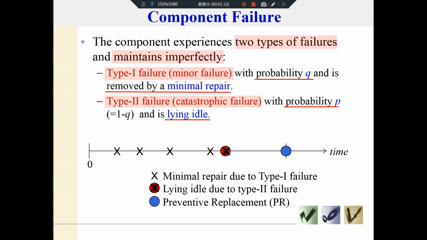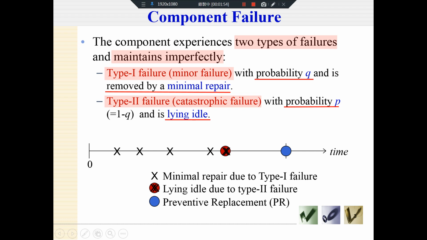In this slide, we present component failures. The components experience 2 types of failure and maintenance imperfectly. One is type 1 failure, which is minor failure with probability Q and is removed by minimal repair.